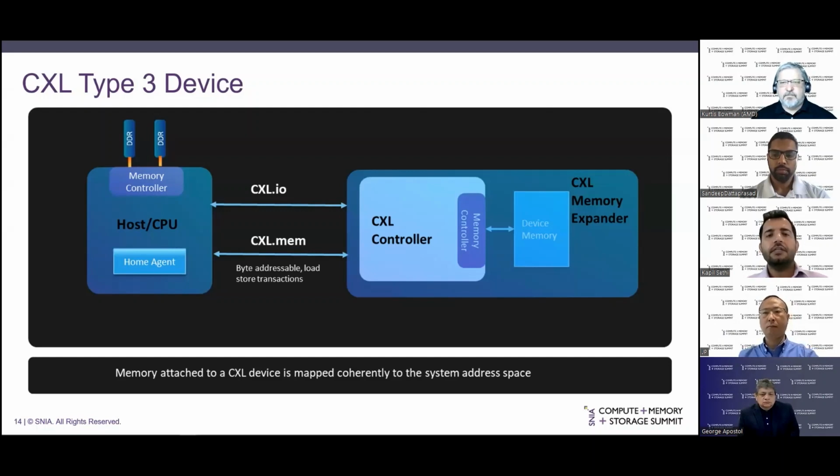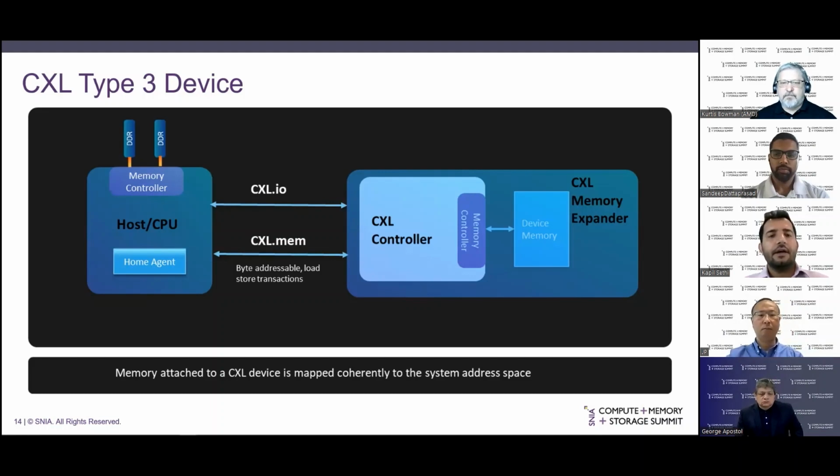So what it means is that the CPU and the device see the same data when they need to access it. CXL.mem transactions are byte addressable load store types of transactions, just like DDR, whether it's DDR4 or DDR5 memory. So the attached CXL memory looks like natively attached DDR memory to the end application.